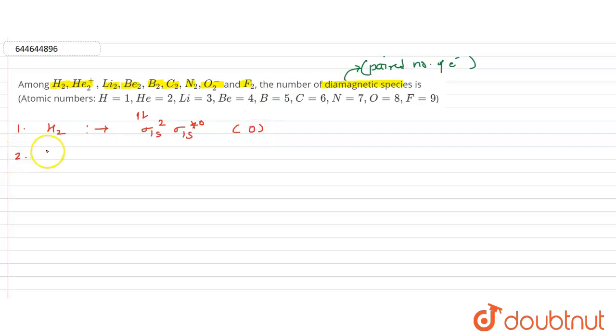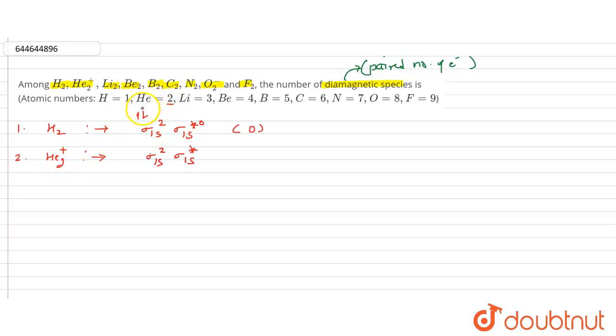The second one is He2 positive. So now if I write down the electronic configuration, it becomes sigma 1s2 sigma 1s star, because there are two helium atoms and the atomic number is 2 for one helium.